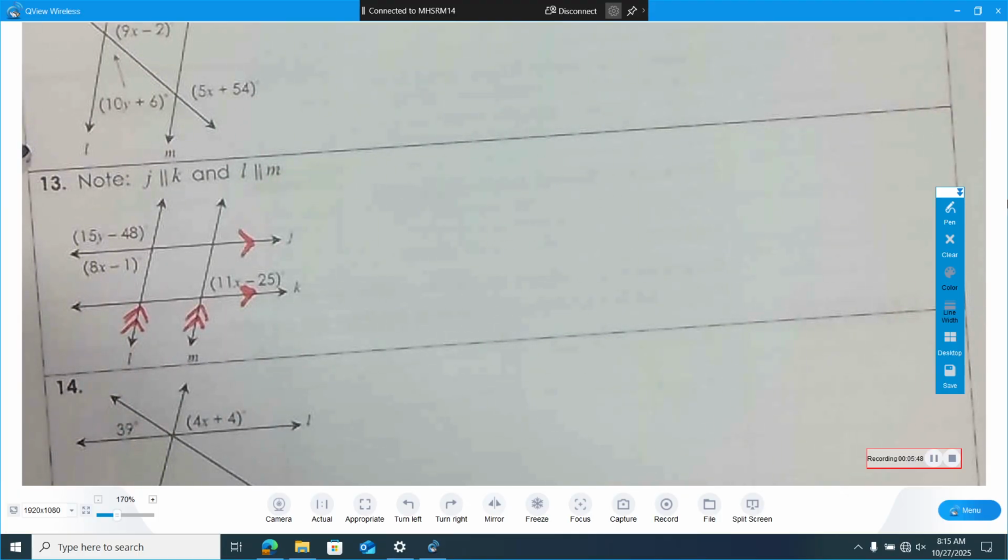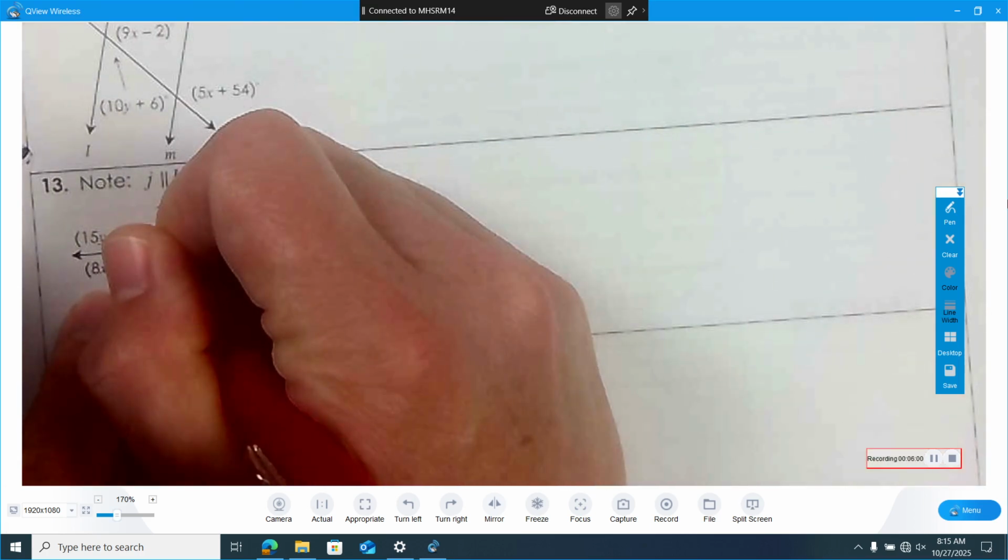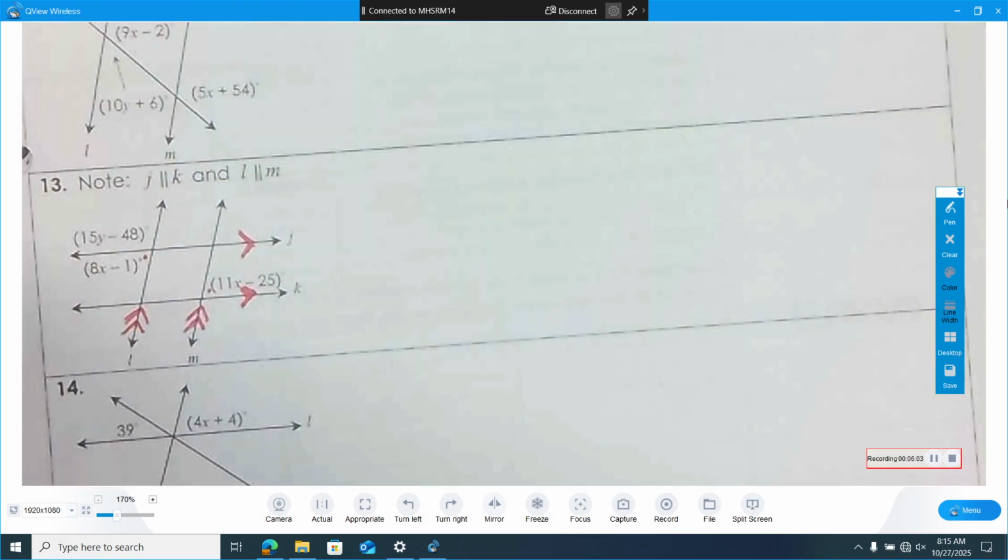What do you think? Wait, which? So these two angles you're saying are alternate interior. They are not actually, because they do not have a transversal that touches both of them. They are not connected.